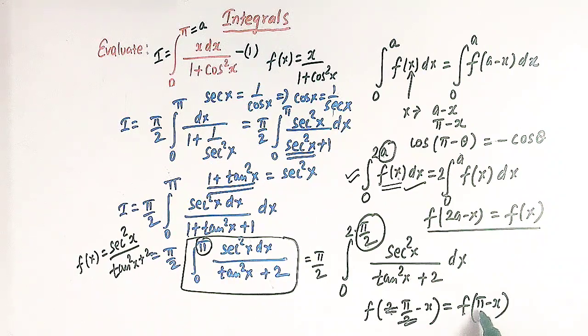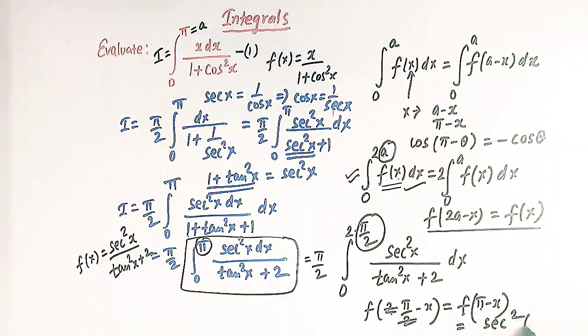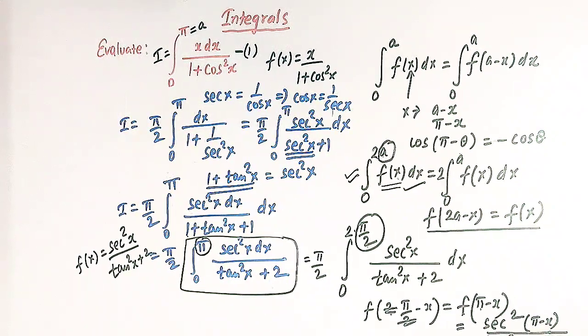So f of pi minus x is given by secant square of pi minus x over tan square of pi minus x plus 2, right?